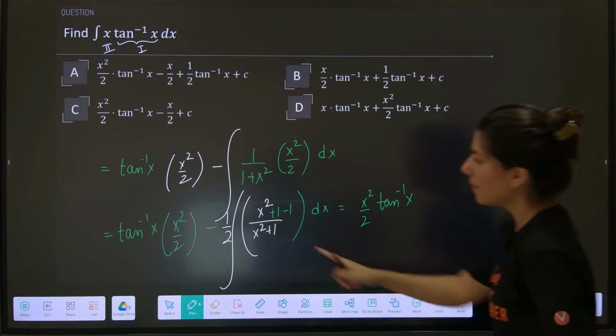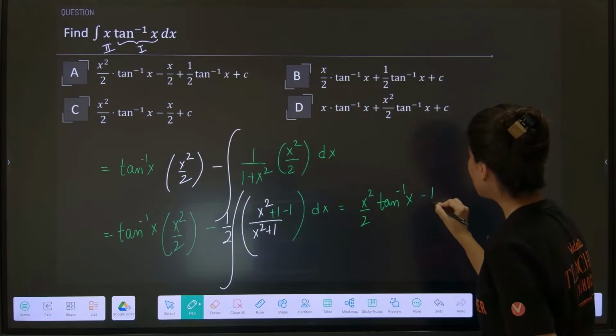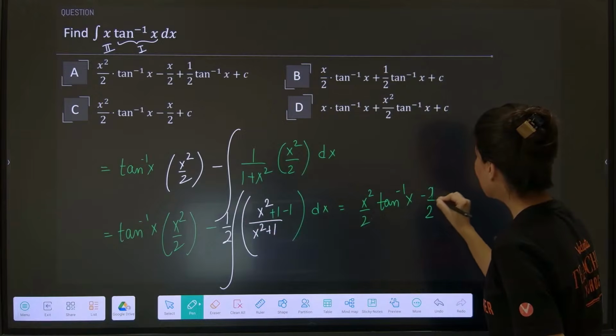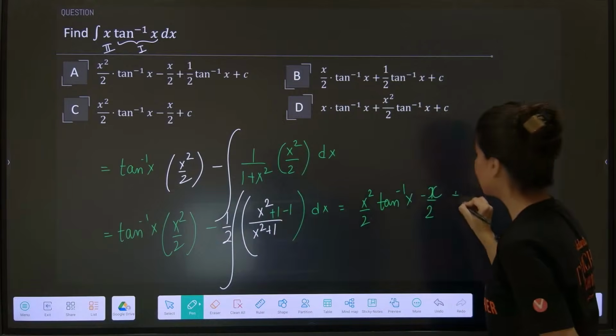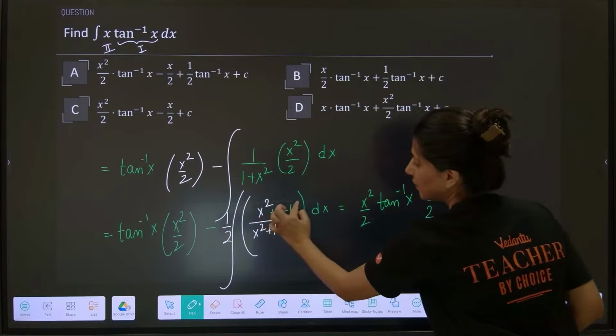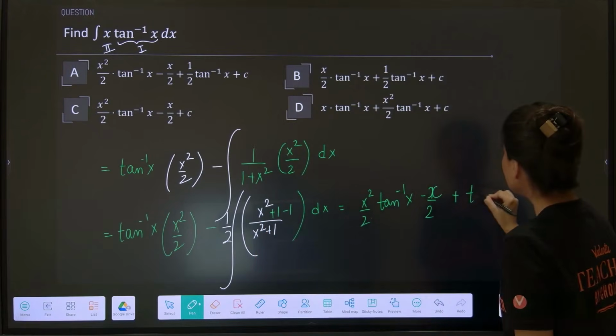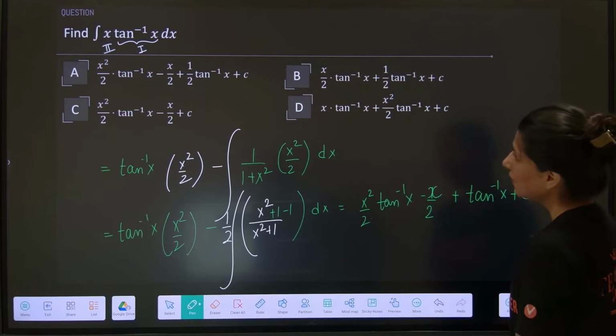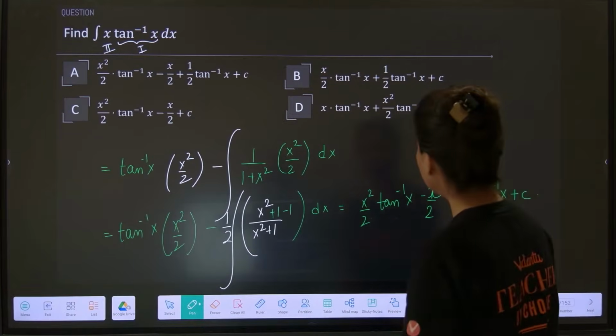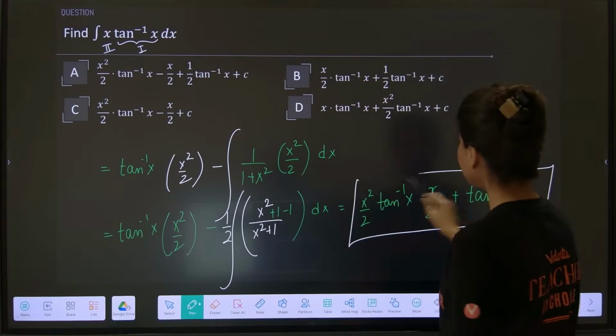So it will be 1. Minus half is already there. So minus half integration is x by 2, minus minus plus, see, understand, minus minus plus 1 upon x square plus 1, integration is tan inverse x plus c.